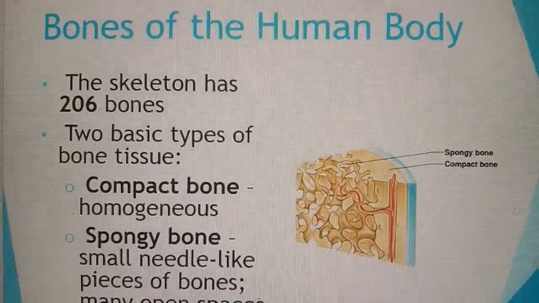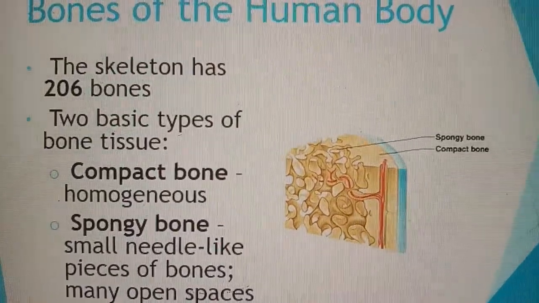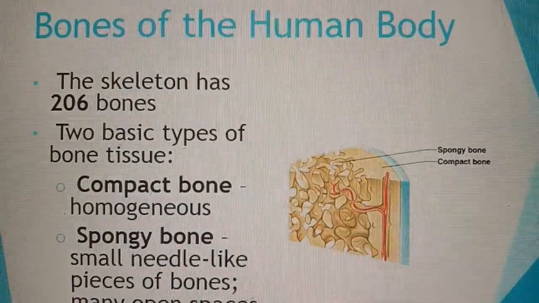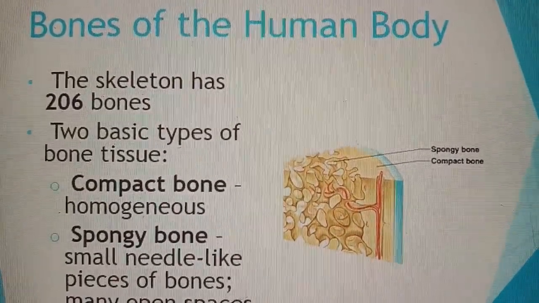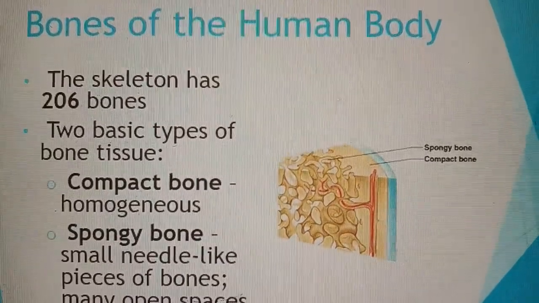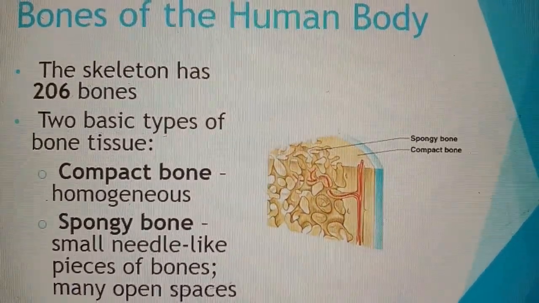So actually, bones of the human body, what's the component of the skeletal system? So the component of the skeletal system will have the bones. And actually, a baby has about 300 bones at birth.